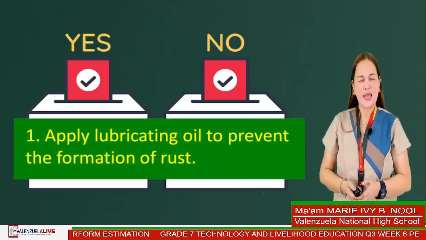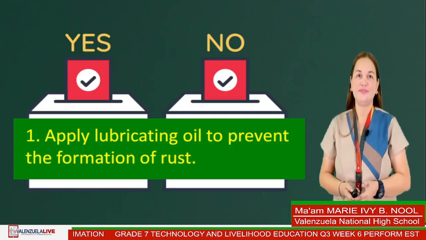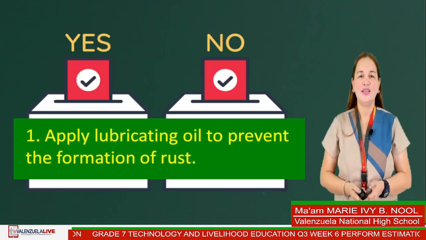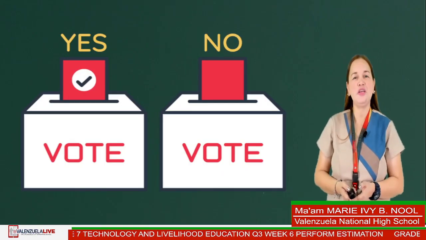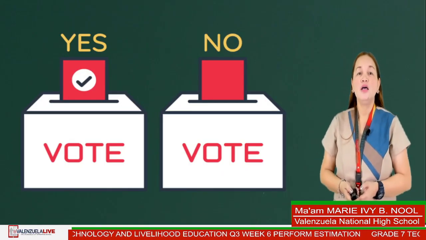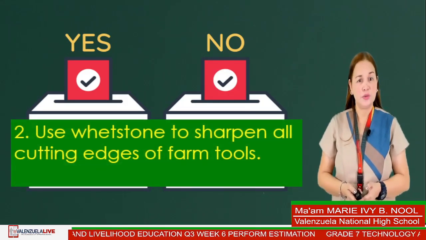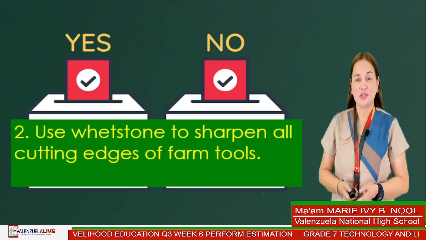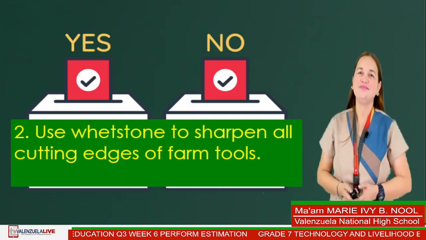Number 1. Apply lubricating oil to prevent the formation of rust. The answer is yes. Very good. Number 2. Use whetstone to sharpen all cutting edges of farm tools. What is your answer?